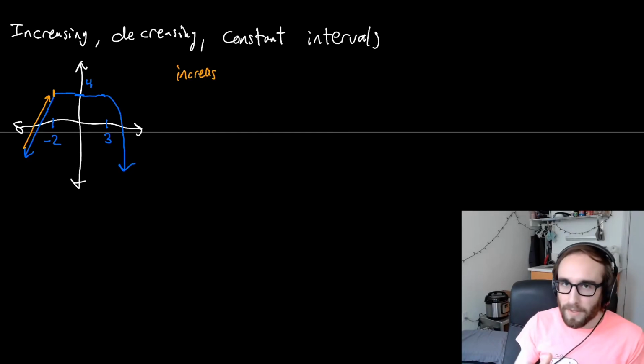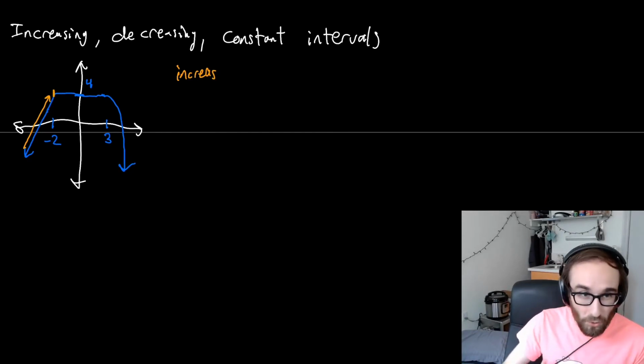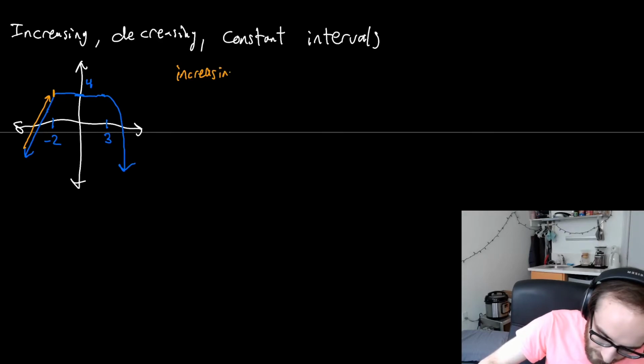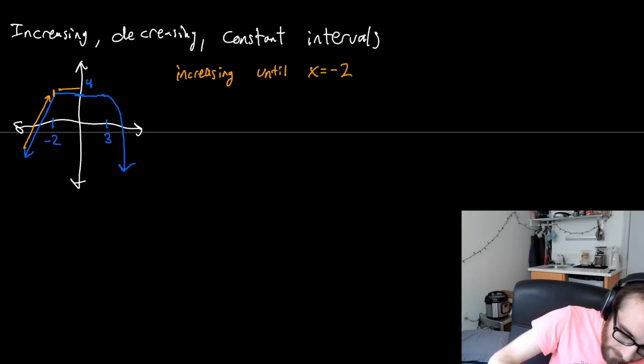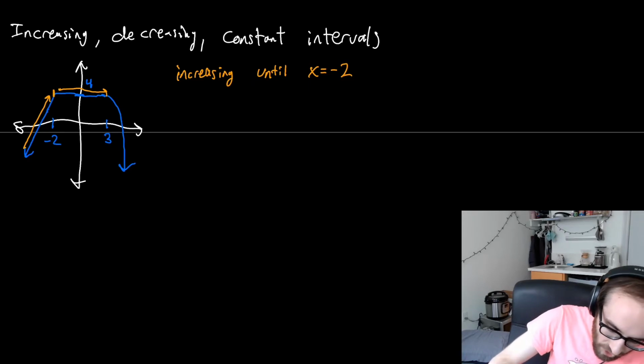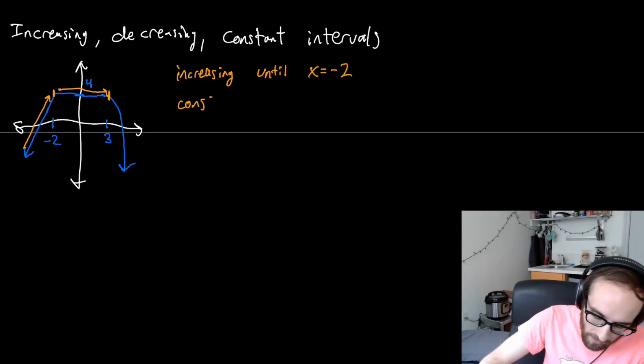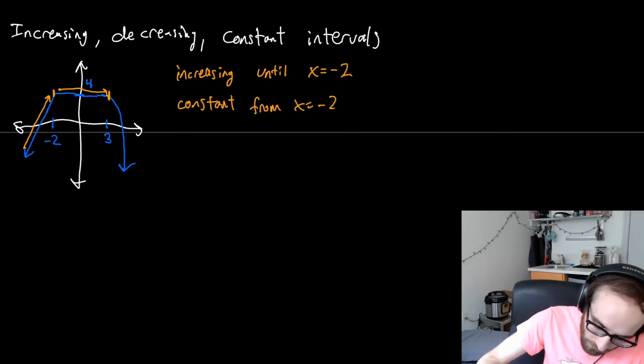So our graph is increasing till x equals -2. Then the y value, or output, is not changing at all until we hit 3. So our graph is constant from x equals -2 to x equals 3.